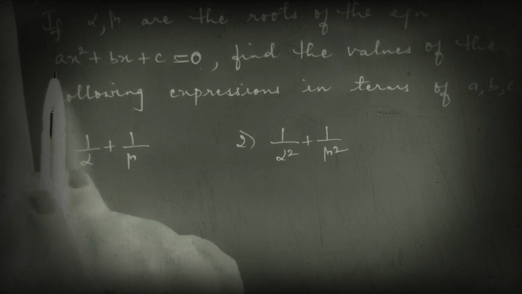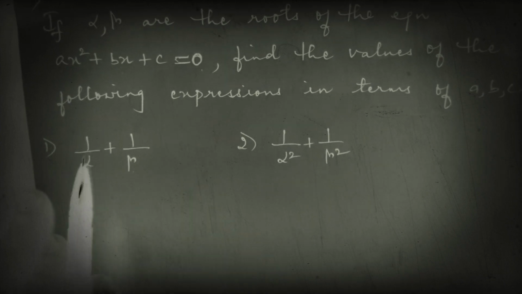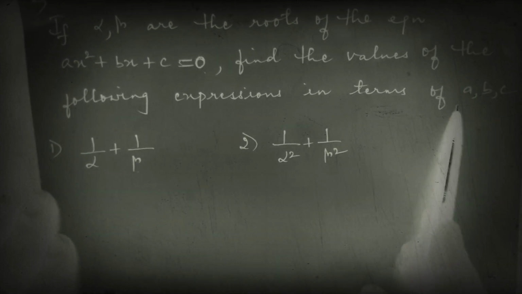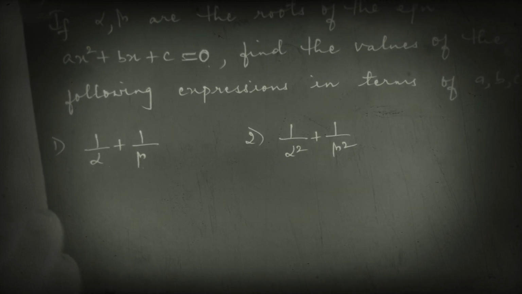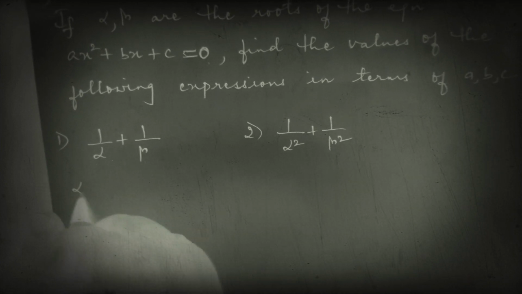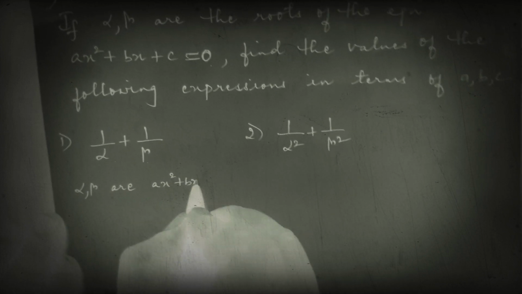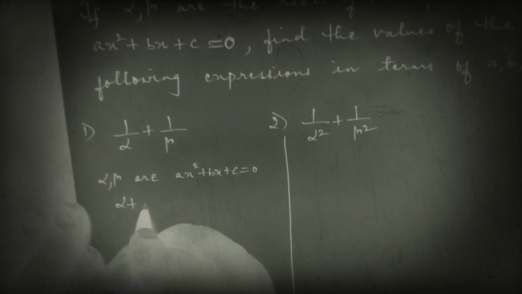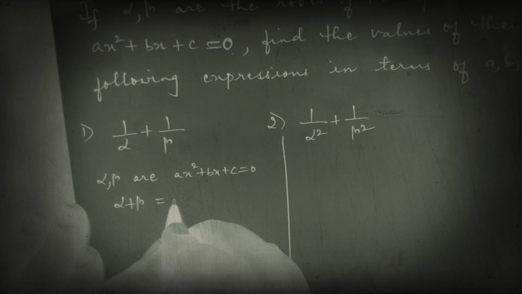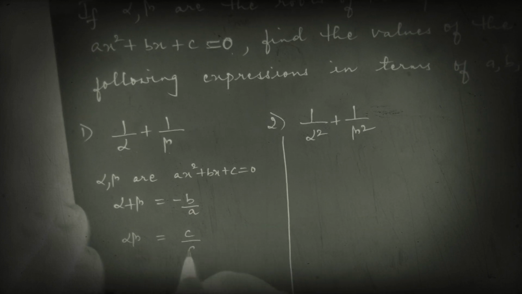Let's go with the first one. He gave us alpha, beta are the roots of ax square plus bx plus c equal to 0. Find the value of this expression in terms of a, b, c. For every problem, since alpha, beta are the roots of ax square plus bx plus c equal to 0, the sum of the roots, that means alpha plus beta, equals minus b by a and alpha into beta equals c by a.